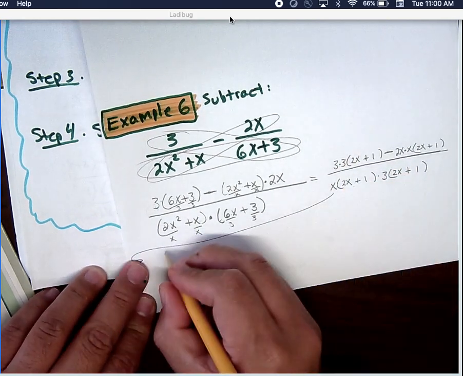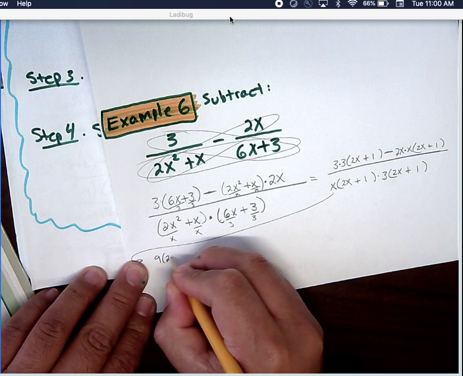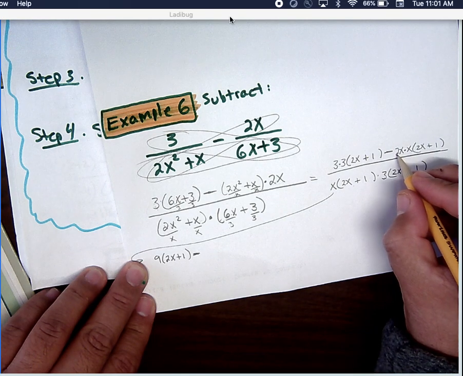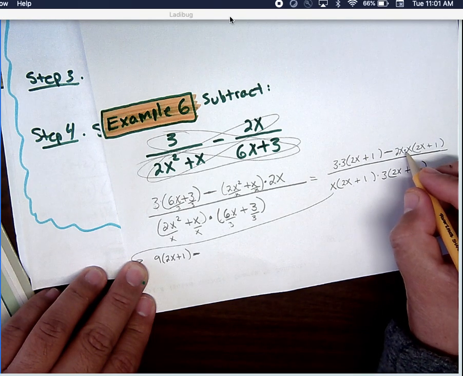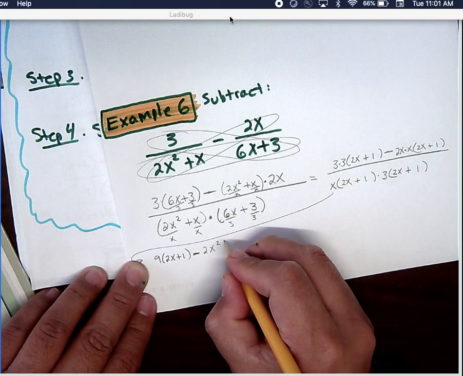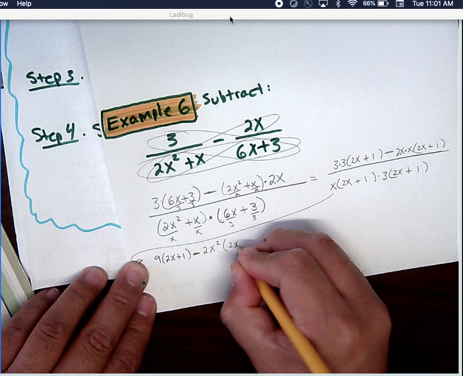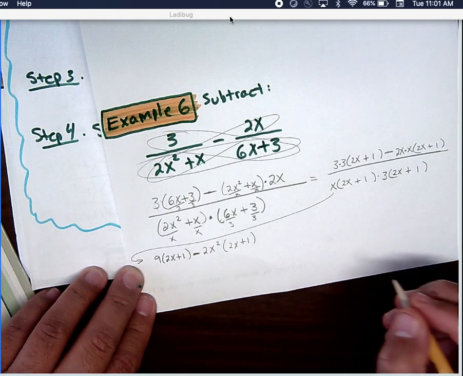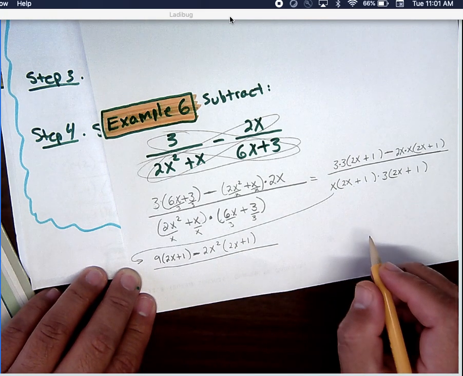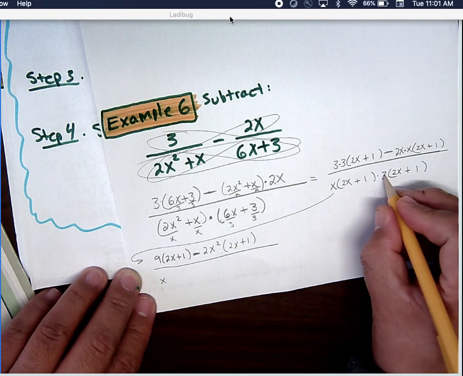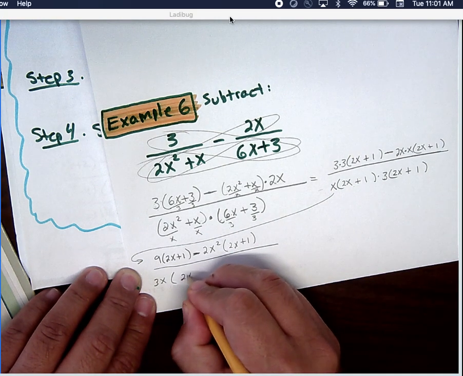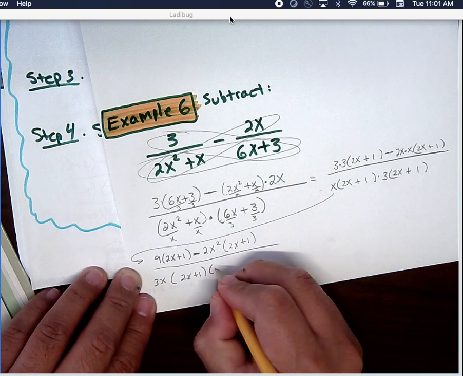So 3 times 3 would be 9, 2x plus 1 minus 2x times x, that would be 2x squared over 2x plus 1. Okay, and then this one over x, I'm going to combine these two, 3 times x, and then 2x plus 1. You could combine these two, but I'm just going to leave it like that.